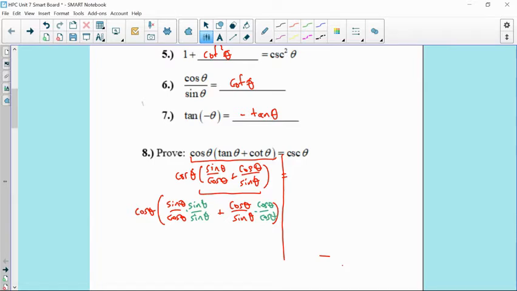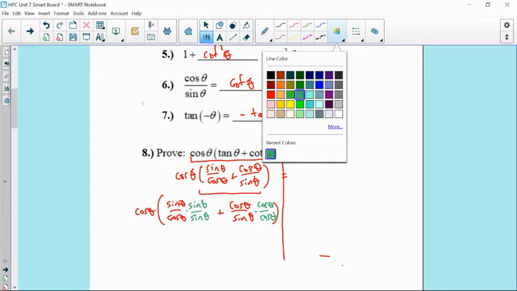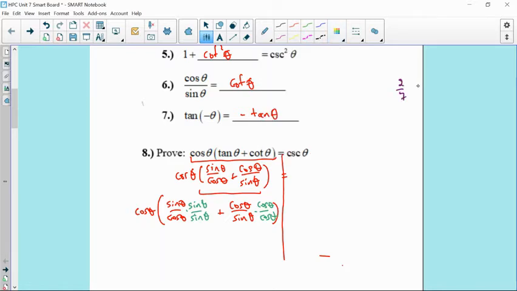I'm just trying to find a common denominator. It's very similar to if you wanted to add the fraction 2/7 plus 3/5. You would take the 5 and put it up there. So 2 times 5 is 10, 7 times 3 is 21, and then it would be over 35, that common denominator. So the same thing is happening here.